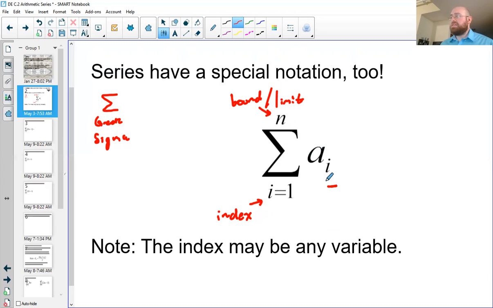And then this is going to be an expression. In our context, this will be the general term of the sequence, the sequence whose terms we are adding to make the series.